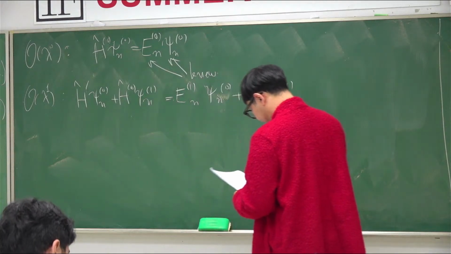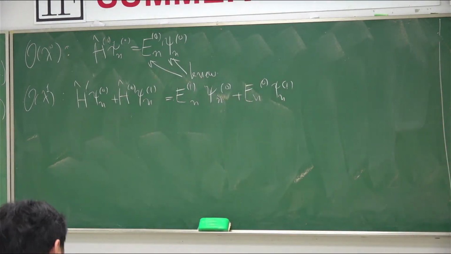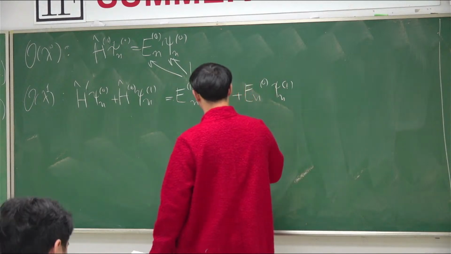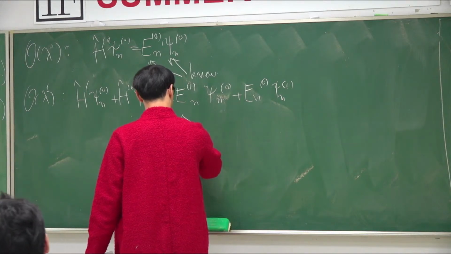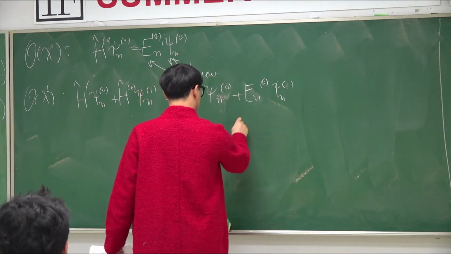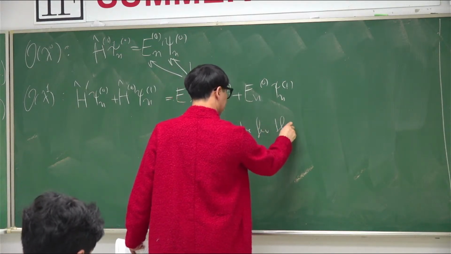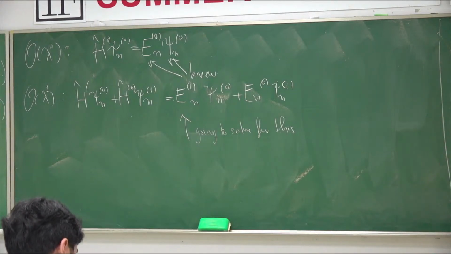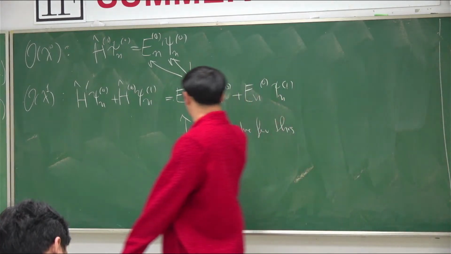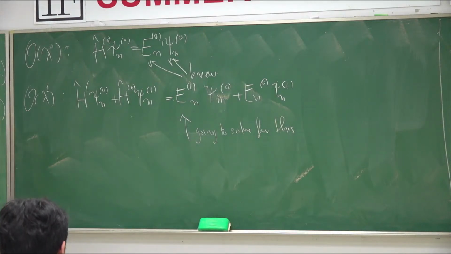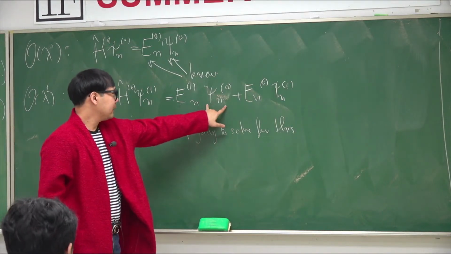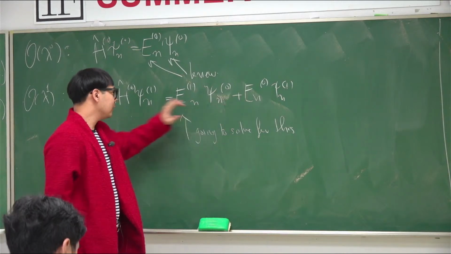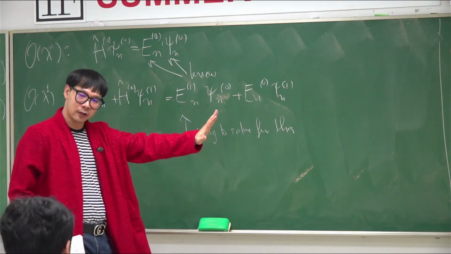Okay. So if you want to solve for this, you can spot from this equation that to solve for this eigenstate, you need to multiply by the complex conjugate of this bit throughout the equation and do the integration, right?